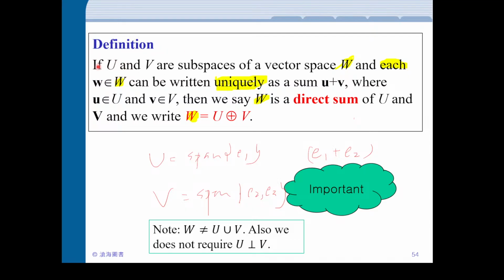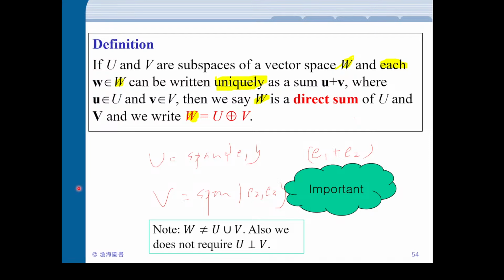We want U and V adding together to become W, and we write it this way: W equals U ⊕ V. It means W is the direct sum of U and V, and this basically means that a basis of U and a basis of V together become a basis of W.